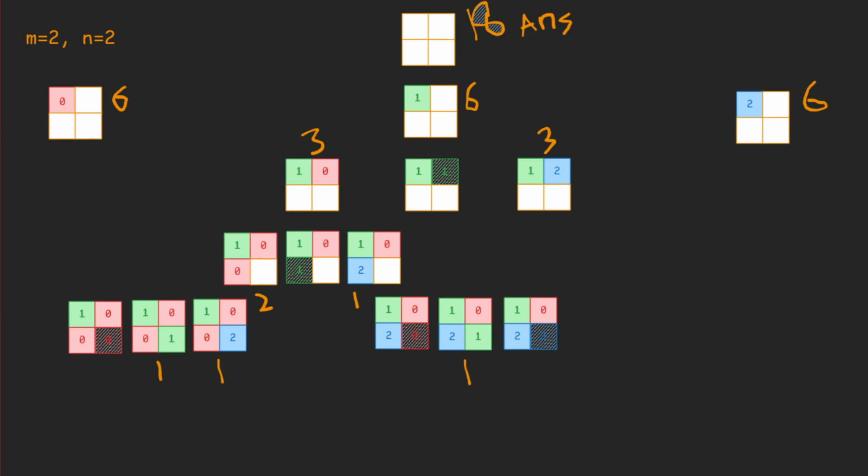The first step would be we will take care that no two adjacent colors in the row are the same, right?